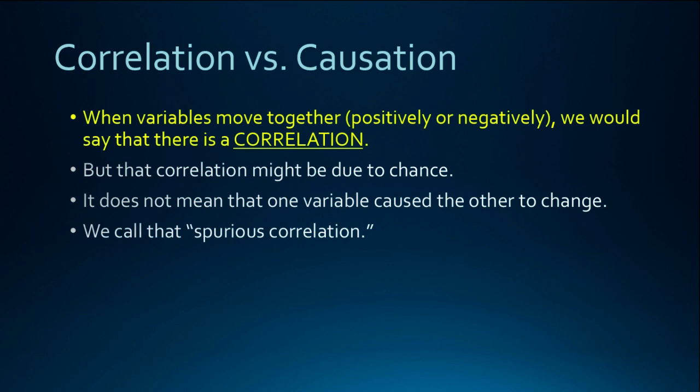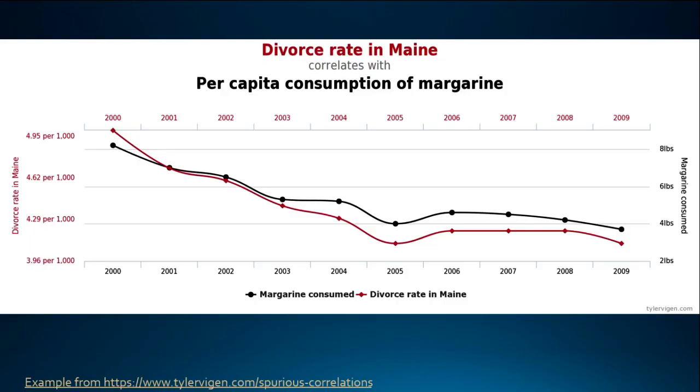So if it just seems to be that things are correlated because of chance, we call this a spurious correlation. Here's an example. I found this from somebody else who had put this together, and so I've taken his example, but notice I've cited it at the bottom.